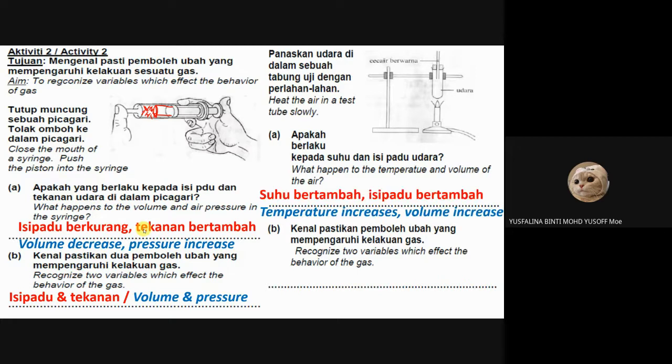Another one: what will happen to the temperature and volume of the air? Here you heat the air in the test tube slowly. You put colored water here, and you can see it will increase, it will move up.